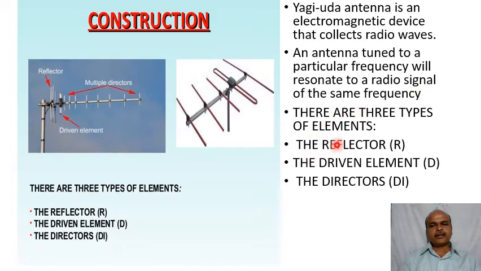The three types of elements present in this Yagi-Uda antenna are reflector, driven element, and directors. So this is a reflector, this is a driven element, and these are the multiple directors. One by one, we have to see the construction of the reflector, driven element, and directors.